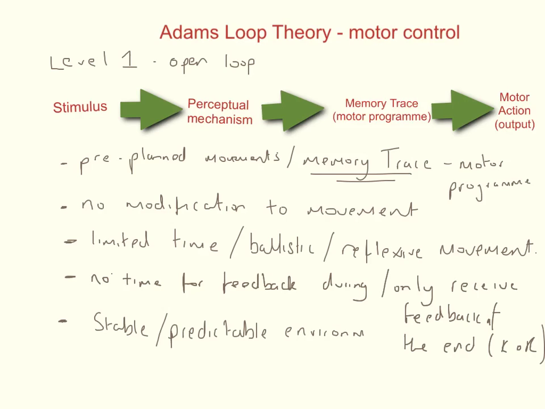Okay, because they're reflexive, we would like to perform these in a situation where we know what's coming or what to expect. Now, if we just go through a quick example, we've got a stimulus, which would be a ball coming towards us that we need to catch. Now, the example in the exam that I would use is catching in the slips.